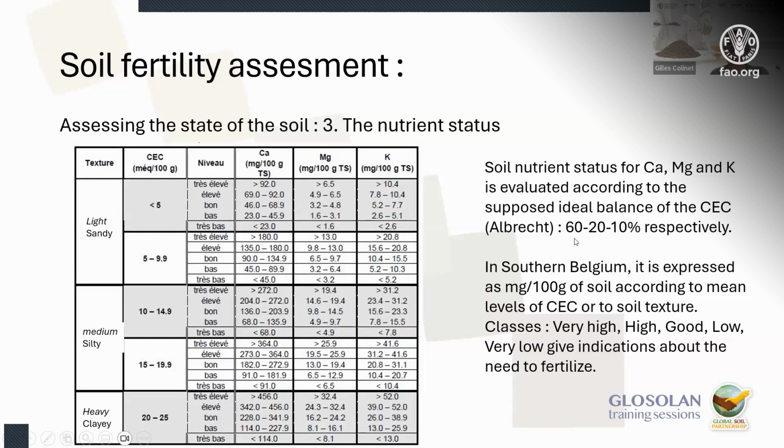If you have more calcium, you will have high level or very high level, or low level or very low level. So this is an expression of the distance that you have with this ideal balance, and you will add fertilizers usually when you have a low or very low status of your element.